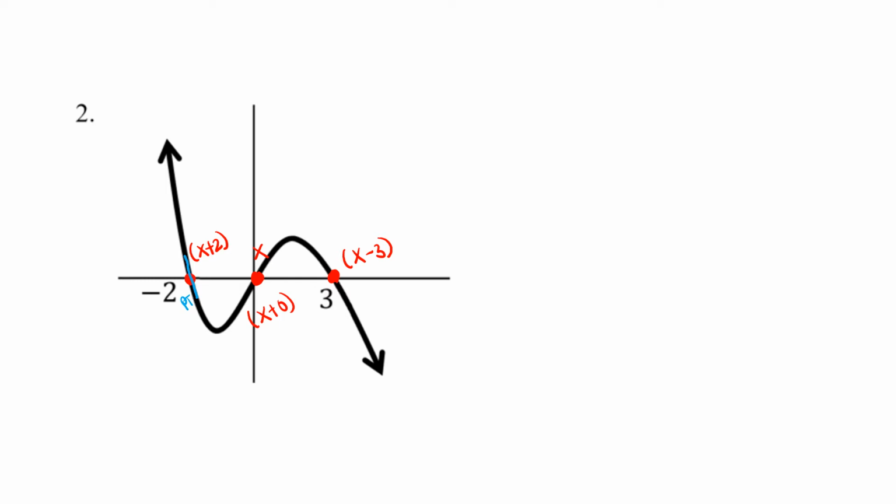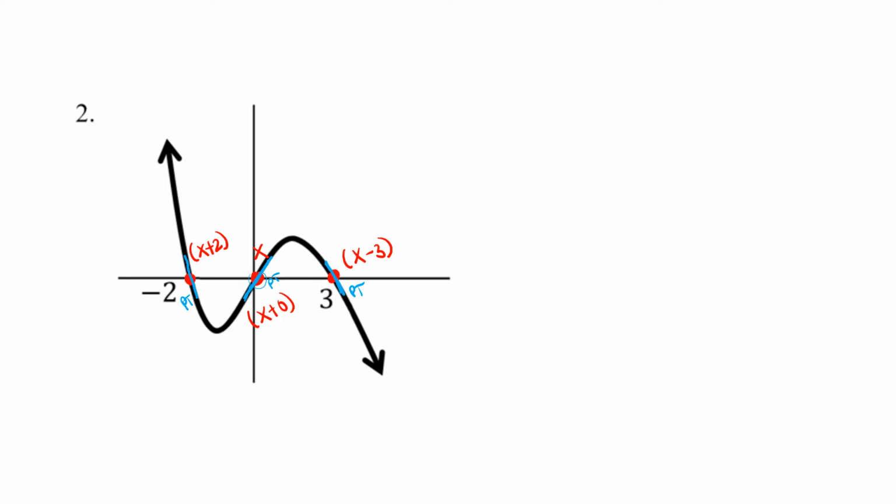We get here to this factor of x, again, we're going from the bottom to the top through that x-intercept right there, meaning we're passing through, again, odd exponent. We're just going to leave it as a 1. And for this last one here, that x-intercept at 3, again, we're passing through. We're going from the top to the bottom through that point, meaning we're passing through one last time. Again, odd exponent. We're just going to leave it as x minus 3.